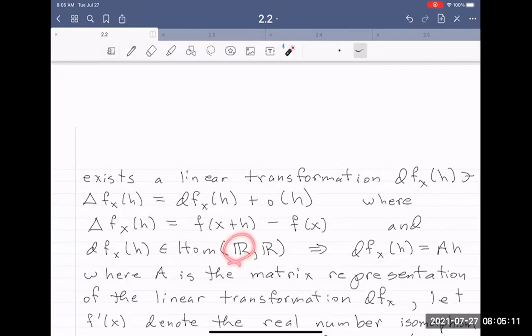Since we have a linear transformation from the reals to the reals, the linear transformation df sub x at h is equal to some matrix A. And actually this matrix A will depend on x, so maybe I'll put a subscript here of x.